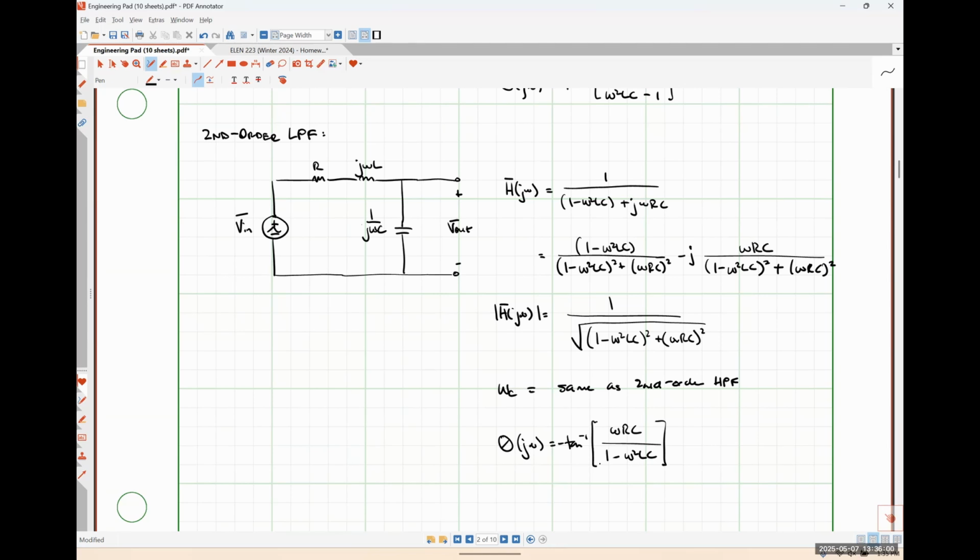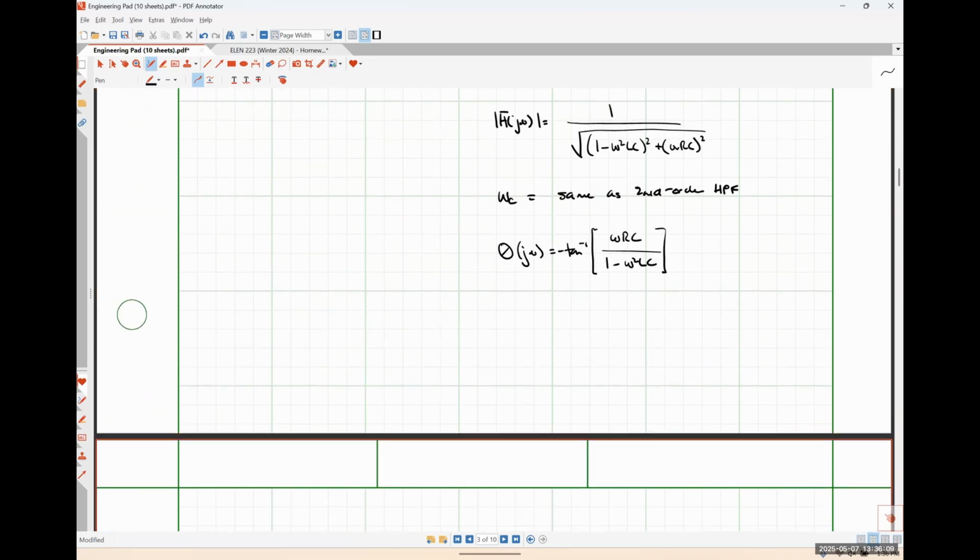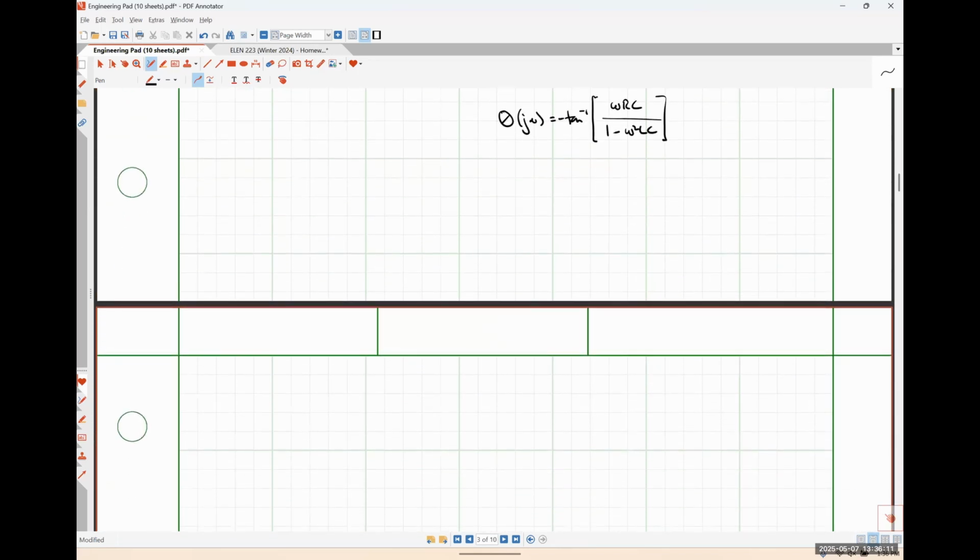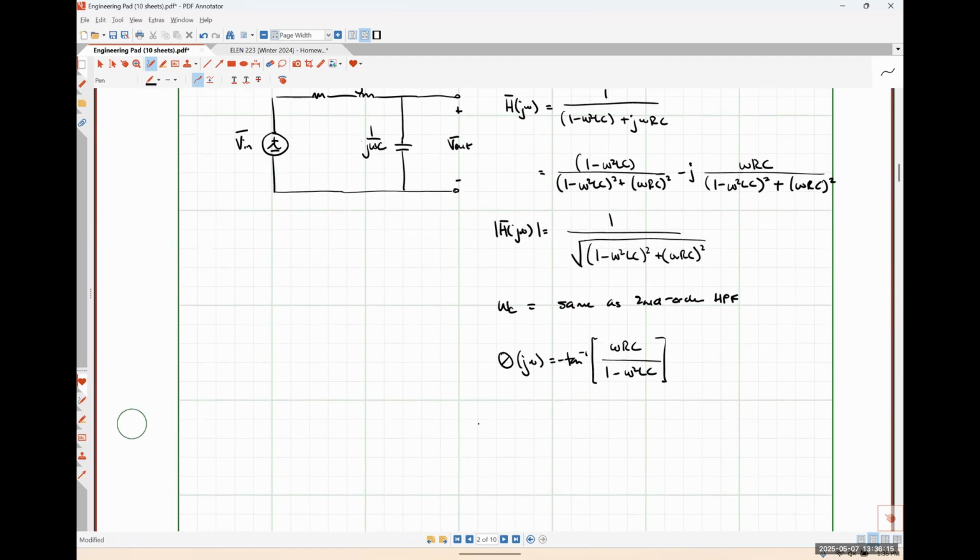And I think the only one that we have left to do is the band stop filter. We've got a minute or two here. So thus far, we have taken the voltage drop across the resistor is how we got a band pass filter. Voltage drop across the capacitor is how we got a low pass filter.